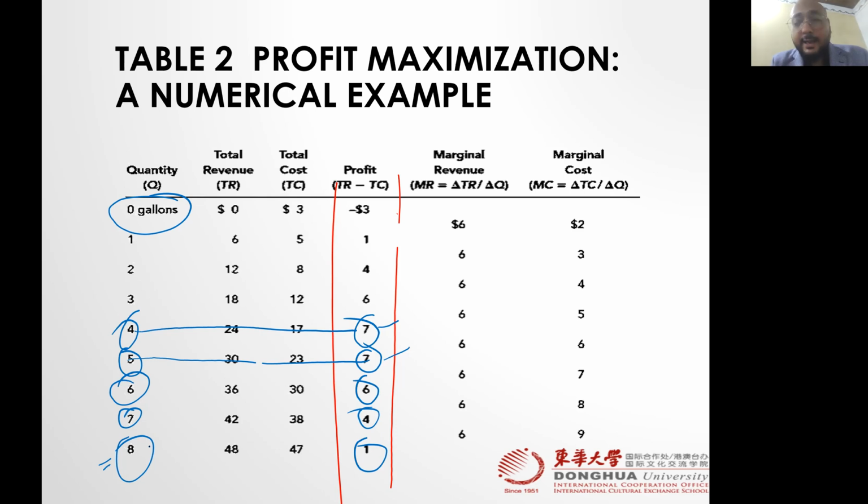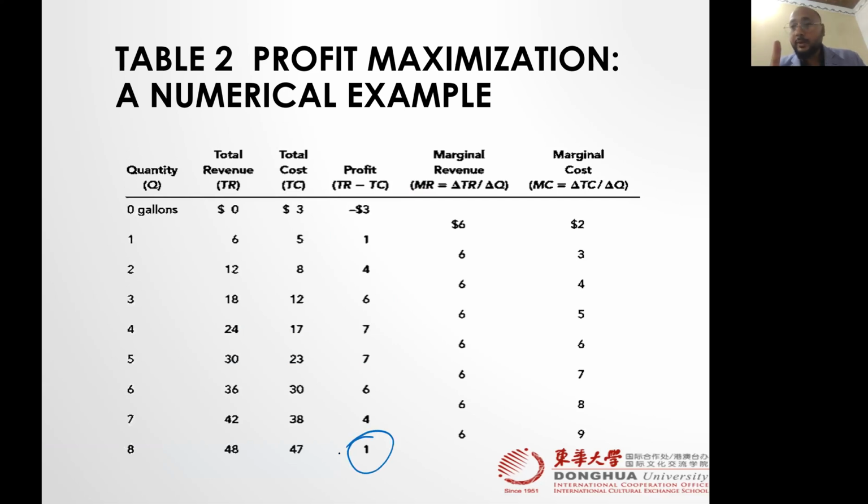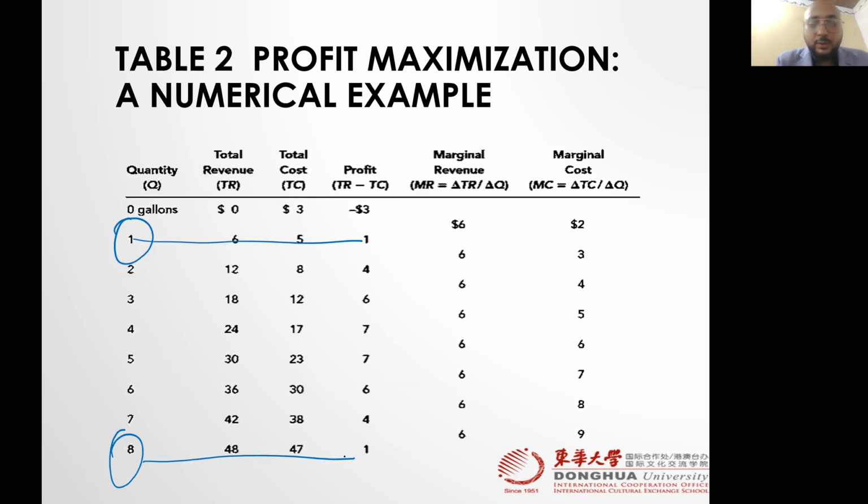You see, you are selling 8 gallons and you are getting only 1 profit here. Maybe it's in 1,000 or million, whatsoever, but only 1. The profit is 1. And that is the same as producing 1 gallon. So why go for extra effort, hire people, take so much stress and produce 8 gallons and get the same profit, $1, $1. Similarly, you are producing either 4 gallons or 5 gallons, the profit is the same.